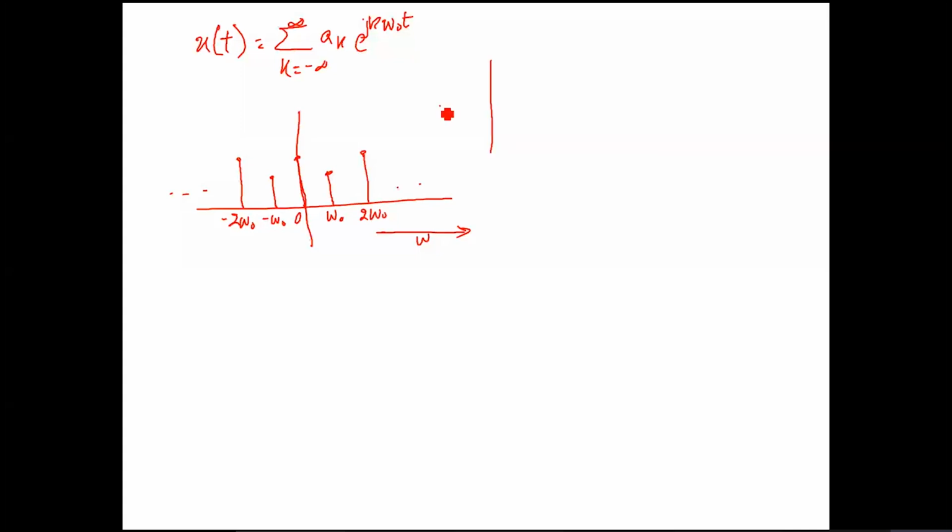Now this is a very important concept. If you have any periodic signal, irrespective of shape and form, let's take any irregularly shaped periodic signal, as long as that signal is periodic, all we need to know is the time period for that periodic signal.